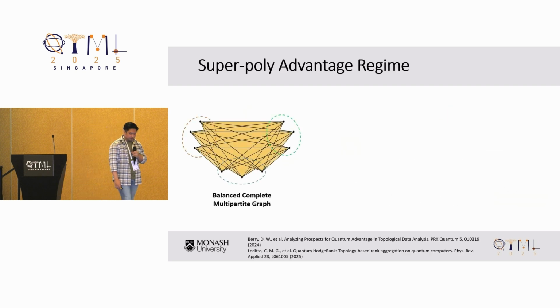Okay, so for the superpolynomial advantage regime, we consider the instance that is given in the quantum topological data analysis paper.